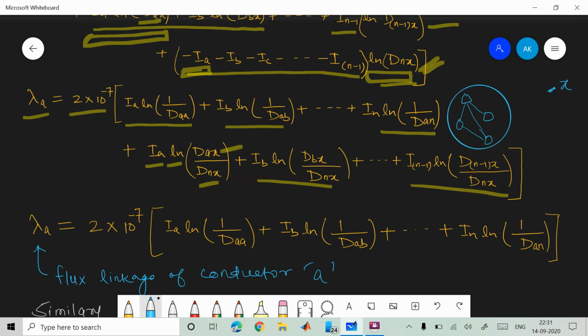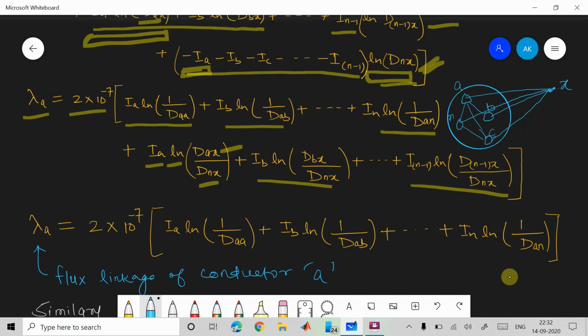So the distance from this conductor to x, from this conductor to x, from this conductor to x can be comparable. Okay, comparable means suppose this was A, so dAX can be comparable to dBX, dCX. Okay, if it is N, dNX.